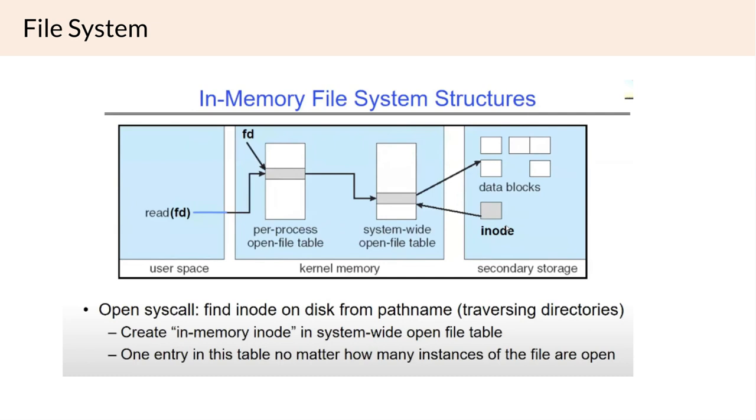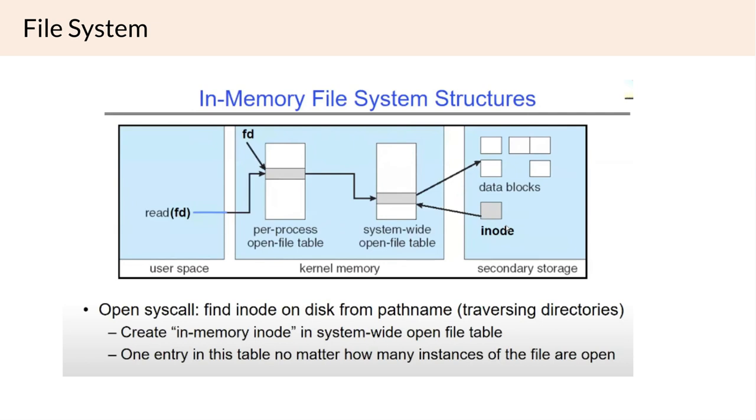Now, what is an inode? I just threw that term around. We'll see the structure of inodes in a specific file system later on, but for now, an inode is basically some structure that contains important core metadata about files that allows us to find the file data on disk and uniquely identify that file. Some file systems do not use inodes, and we'll discuss those later, but a lot of Unix-like systems use inodes.